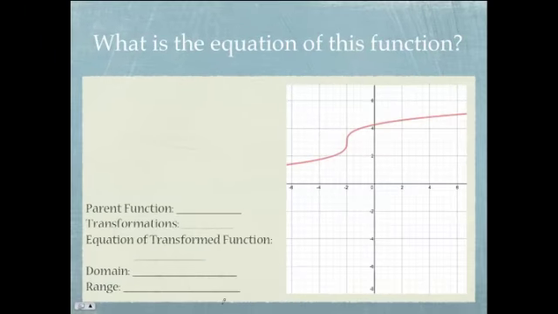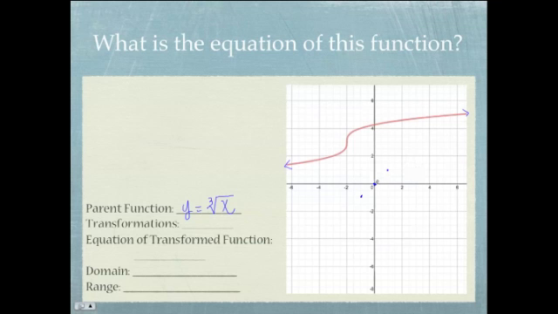Another activity that you'll do in this lesson is finding the equation of a function. So it's basically doing what we've been doing, only backwards. I can look at this one and see that it is a cubic function. So y equals the cube root of x. Now my original equation looks like this.